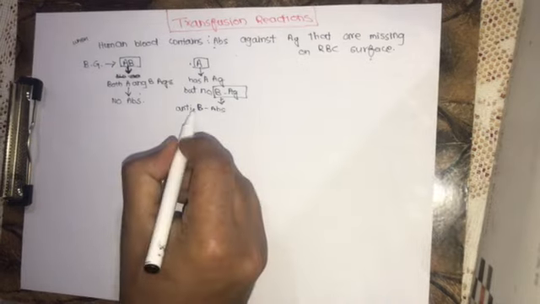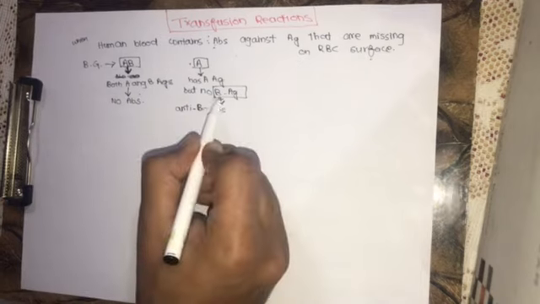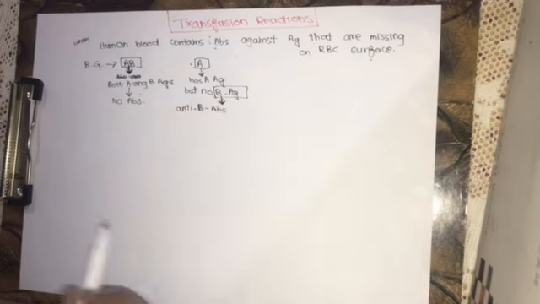So it's gonna form anti-B antibodies because it has no B antigen.